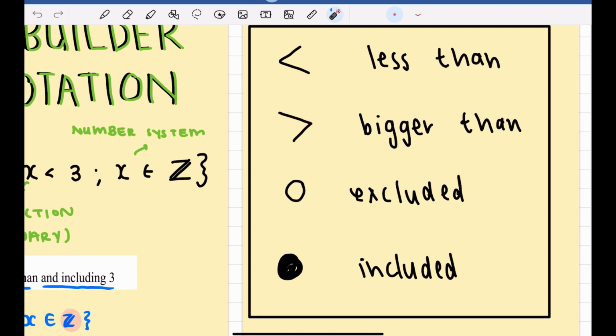And then if we are going to represent on a number line, a not colored in circle, so an open circle, means excluded, and a full circle means included. Okay, and then once we get to something that is less than and equal to, then we put a little strap at the bottom, and if it is greater than and equal to, we also put the little strap at the bottom.